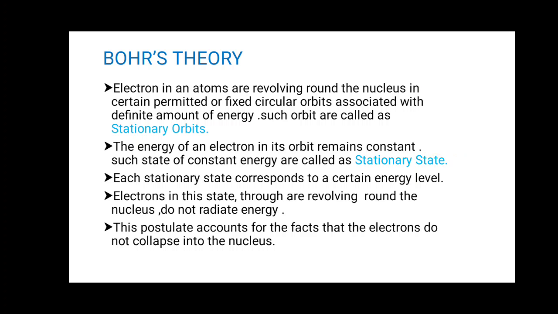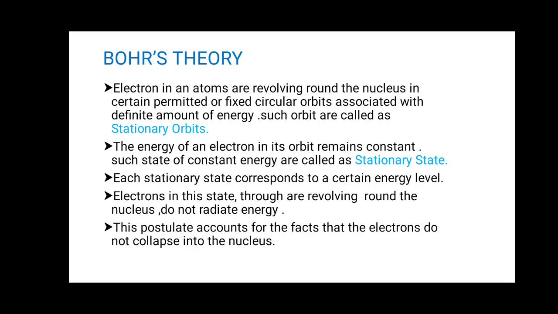Then the energy of the electron in the orbit remains constant. Suppose in the center there is a nucleus. Around the nucleus there are some electrons.